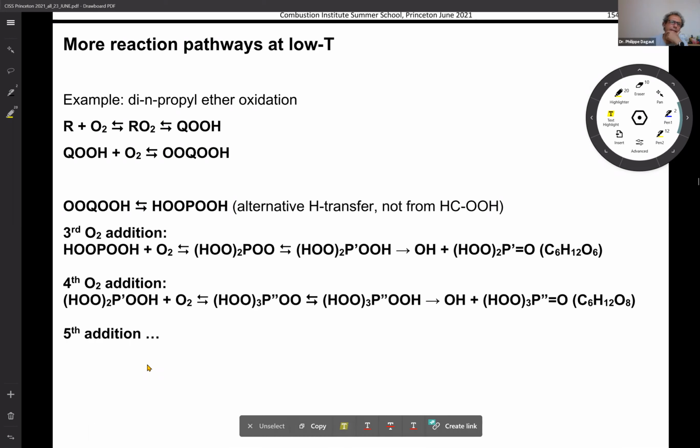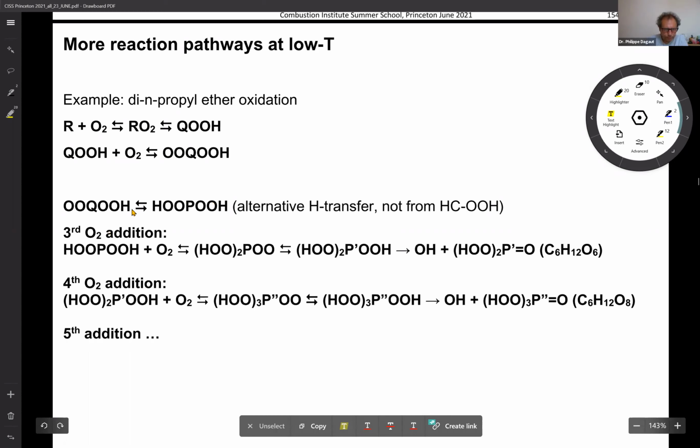So beside the fact that you have the addition of O2 on a radical to form a peroxy radical, which can isomerize and form this hydroperoxy species, hydroperoxy radical, which can add molecular oxygen and form this hydroperoxy radical.